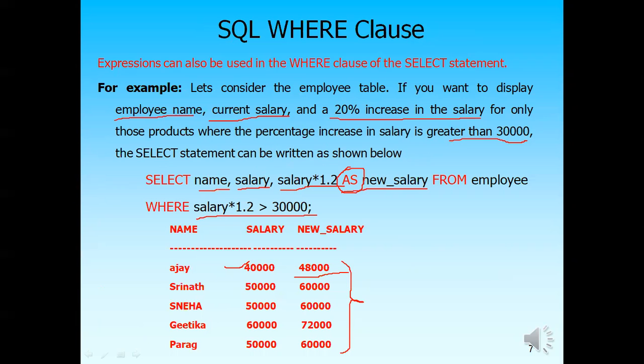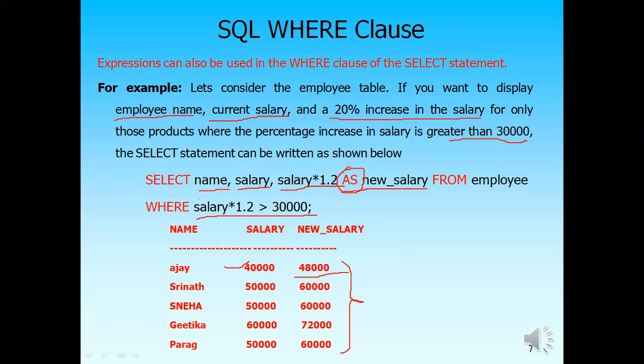Select name, comma salary, comma salary into 1.2 as new salary from employee where salary into 1.2 is greater than 30,000, right? So here, which employee details you want to display: those whose increased salary, that is, 20% increase in salary, is greater than 30,000.